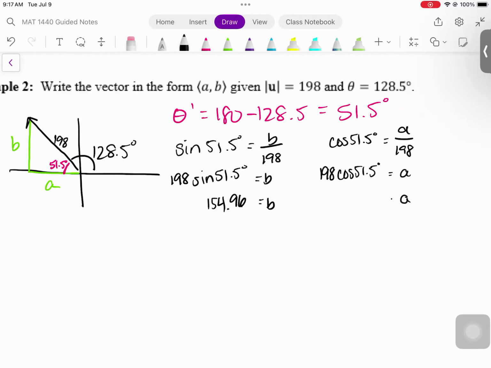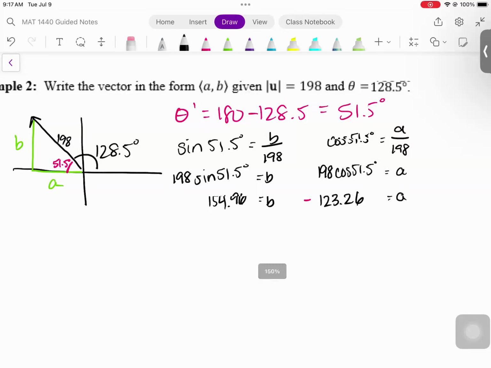And when we evaluate this, we're going to get a positive value because cosine of 51.5 degrees is going to be positive since we're looking at a reference angle. But because we are in the second quadrant, we know that A has to be negative. So this is going to be negative 123.26.